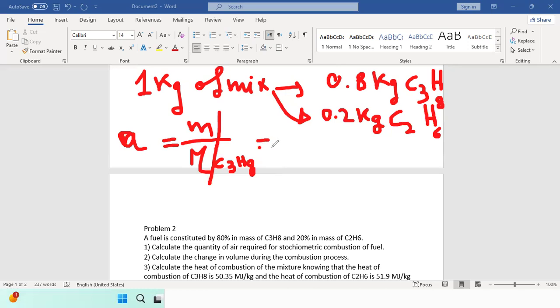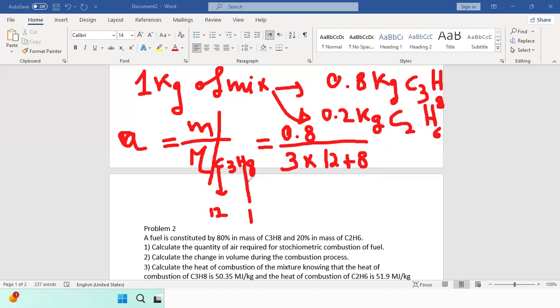So it's equal to 0.8 over the molar mass, which is simple to determine because I know that for carbon, the molar mass is 12, and for hydrogen, the molar mass is 1. So I just have to do 3 times 12 plus 8. So this will give me the number of kilomole of C3H8 present in 1 kilogram of my fuel.